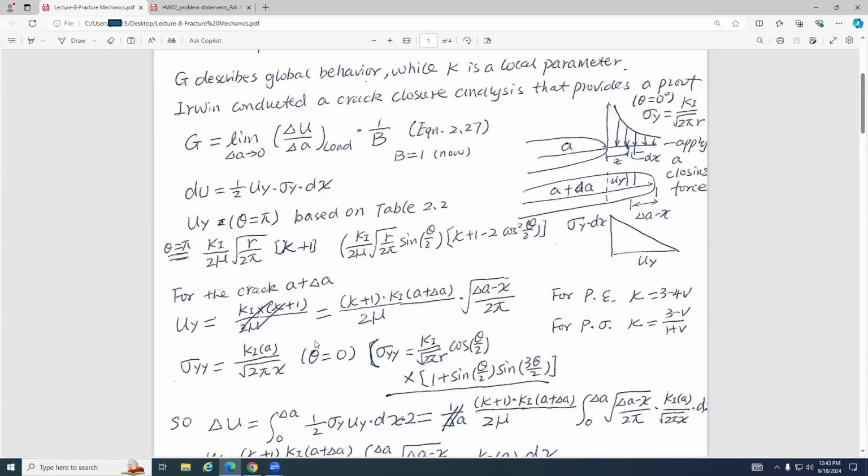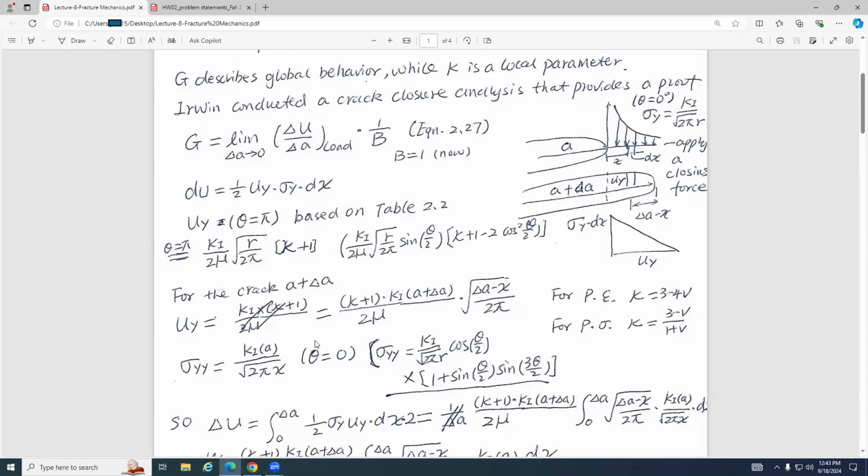For this original crack, I want to calculate the sigma yy at a point x. I can just use this equation with theta equals 0, because it is just in front of the crack. So sigma yy equals this one.